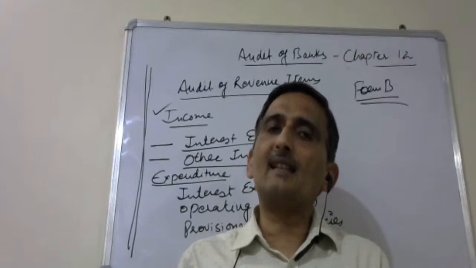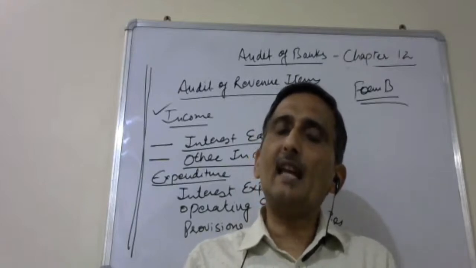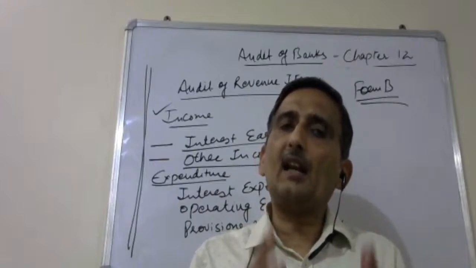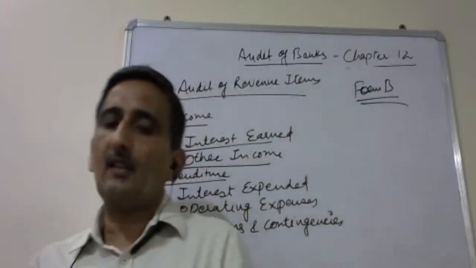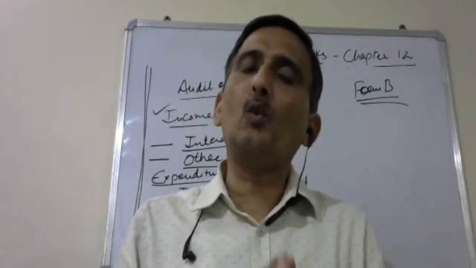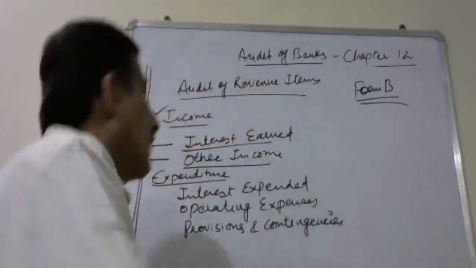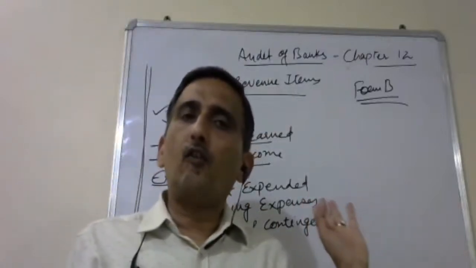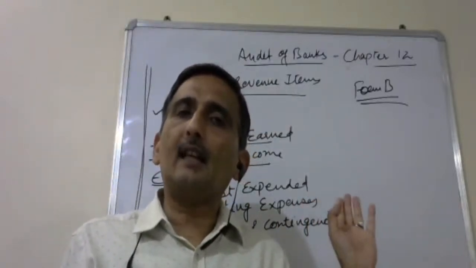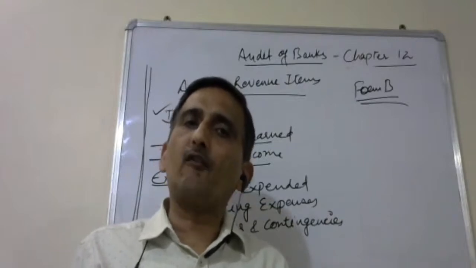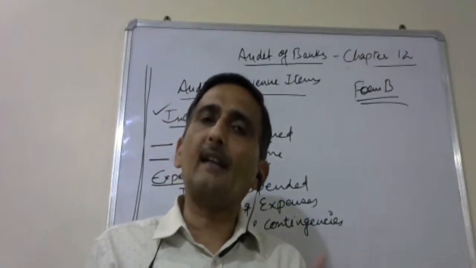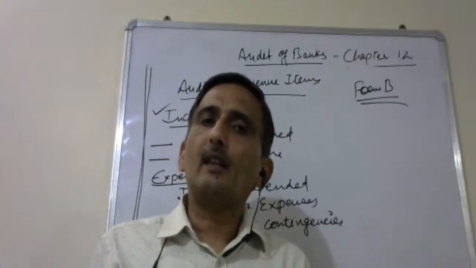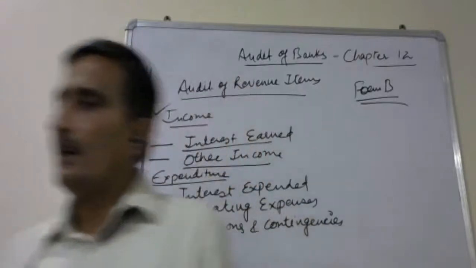Only then is interest income realized, and only then is it taken to the income head. Okay, so guys, you are clear about what falls under interest earned and what points the auditor has to keep in mind while auditing interest earned.